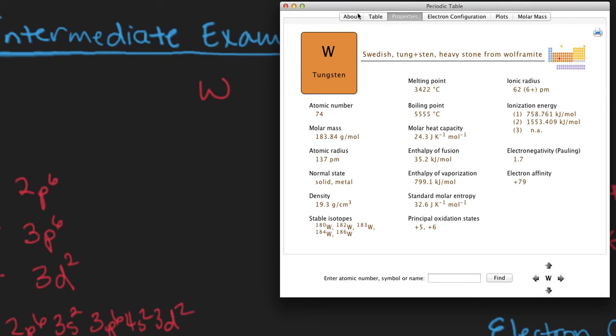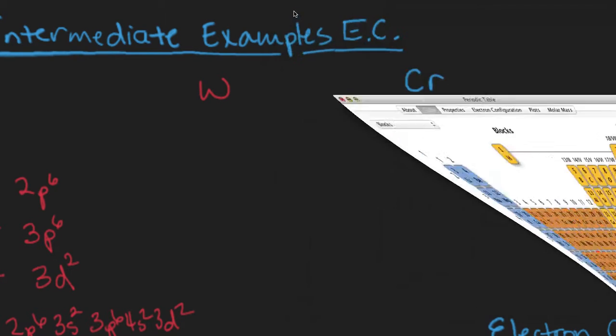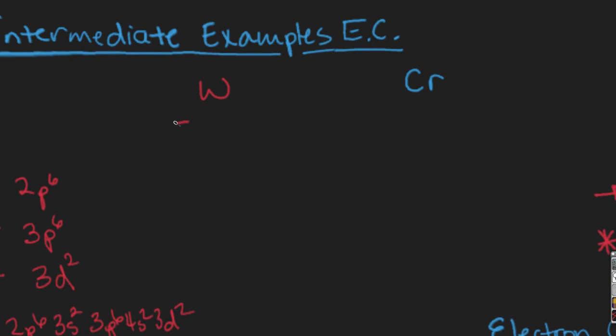Are you really wanting to write all those out? No. So what you do is you go to xenon, the noble gas on the row prior to tungsten, W. So we would write xenon, and then we would have what? Let's look at our diagonalization method.